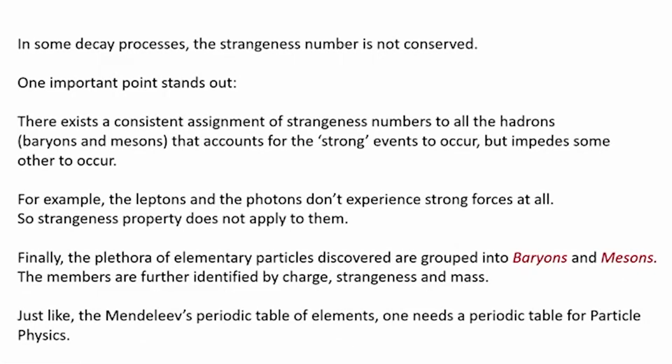However, in some decay processes the strangeness number is not found to be conserved. One important point that stands out is that there exists a consistent assignment of strangeness numbers to all the hadrons. Hadrons means the baryons and the mesons, and this accounts for the strong events that occur but impedes some others.